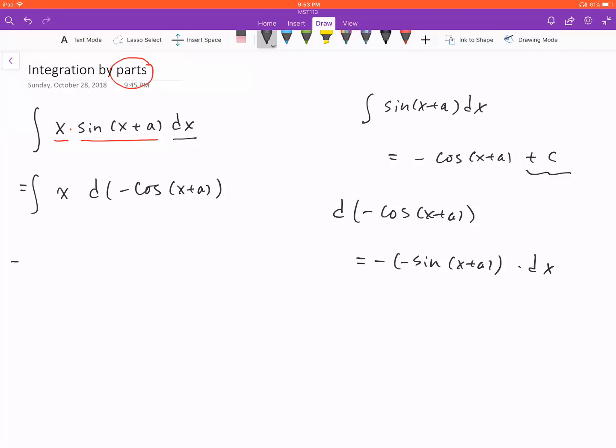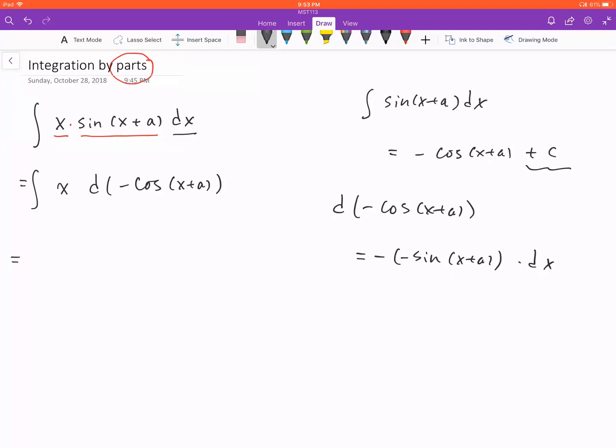So now once you finished this part, you have one function in the front, you see over here, this is the function in front of d. And you also have another function behind d. So now the formula for integration by parts means multiply them together.